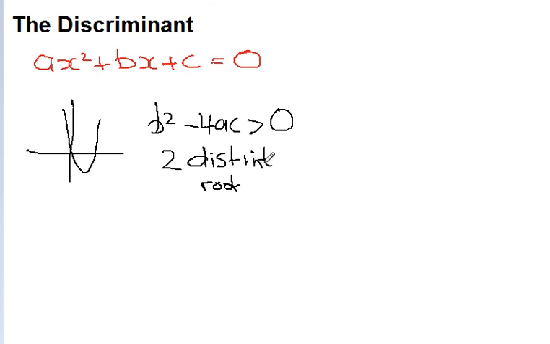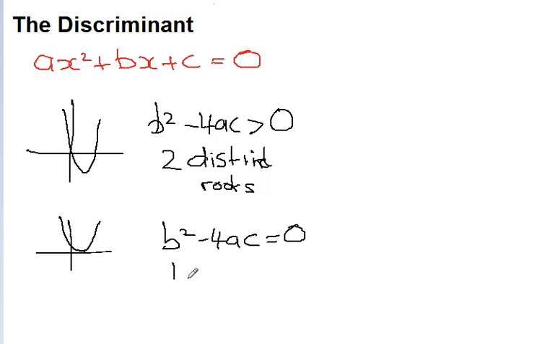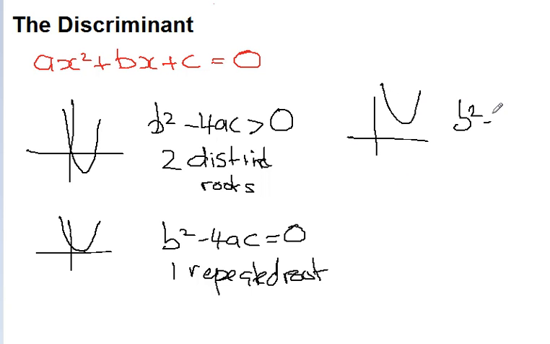When the curve just touches the x-axis in one place, then b squared minus 4ac is equal to 0, and then we have one repeated root. And when the curve doesn't cross the x-axis, b squared minus 4ac is less than 0, it's negative, and we have no roots.